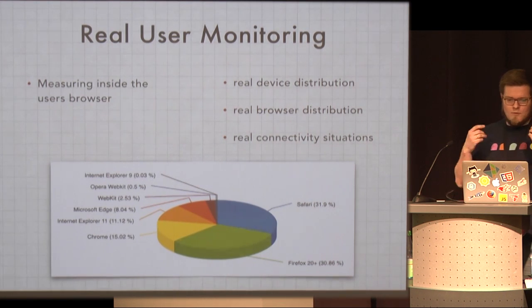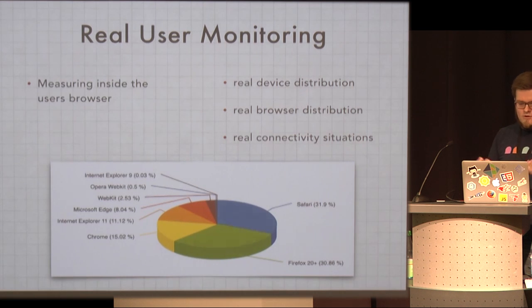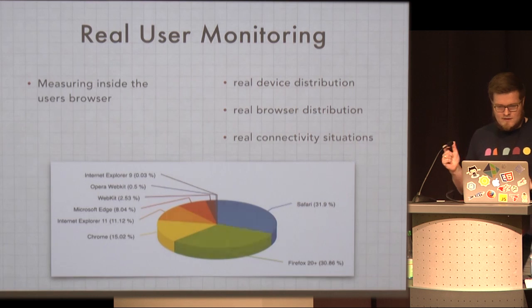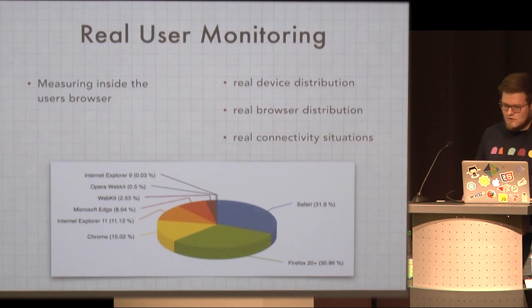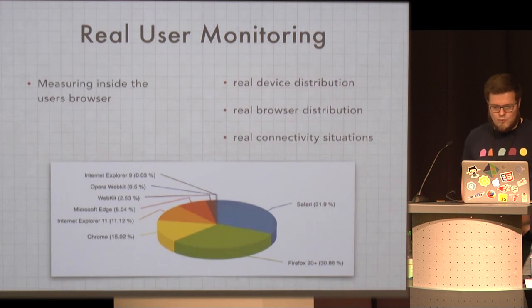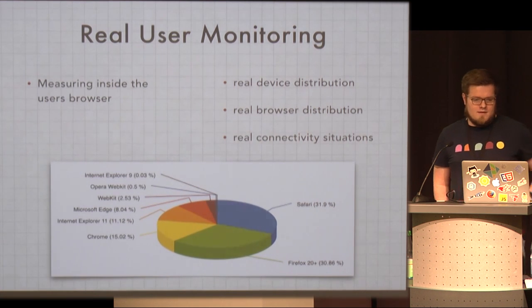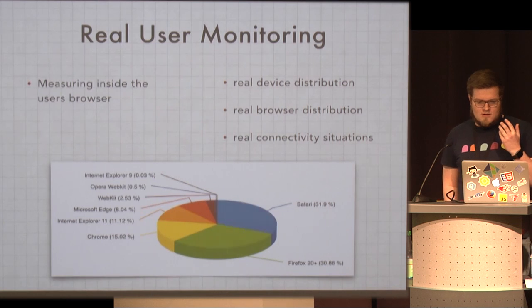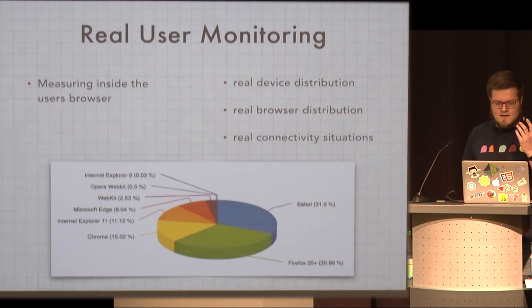It's nothing new. Most vendors of performance monitoring software today already provide some kind of JavaScript snippet you can stick in your page, and then they measure performance from within your browser. The big advantage of this is that A, you're measuring your real users.